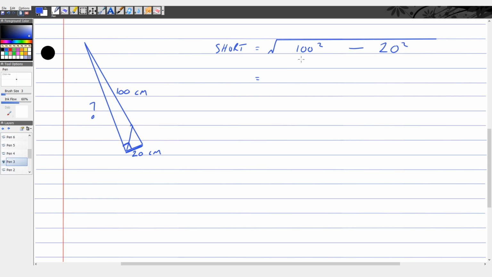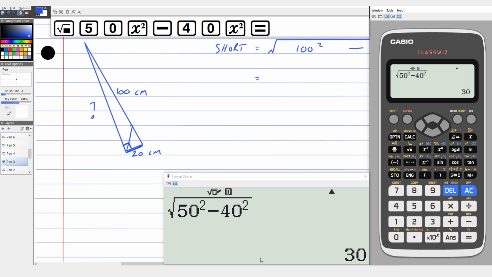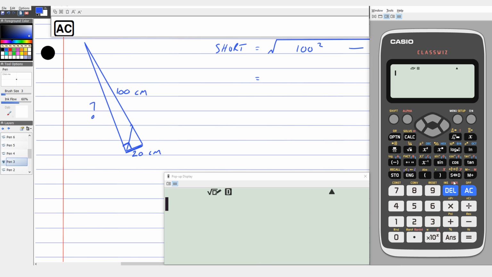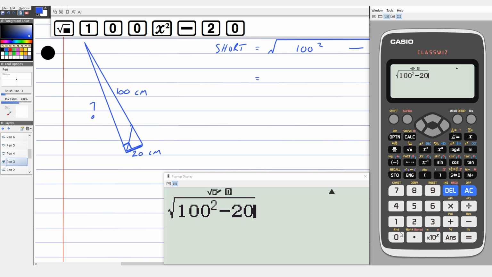So we're doing the square root of 100 squared, take away 20 squared. Get the calculator up, press square root of 100 squared, take away 20 squared. And that gives us an answer.